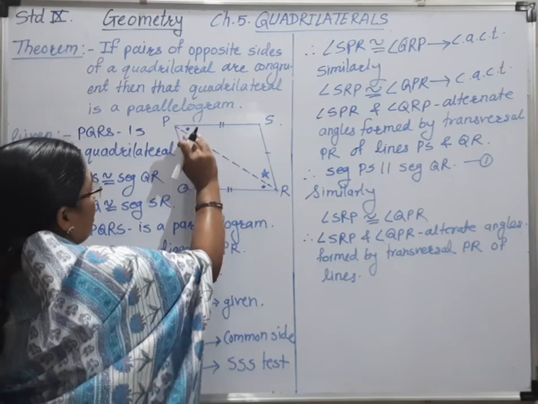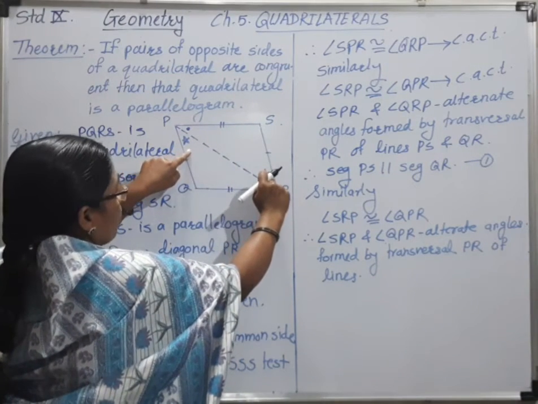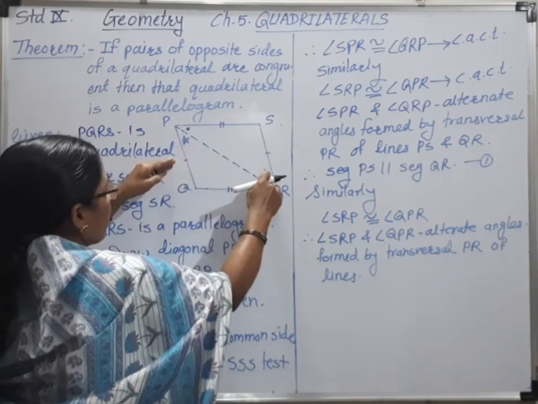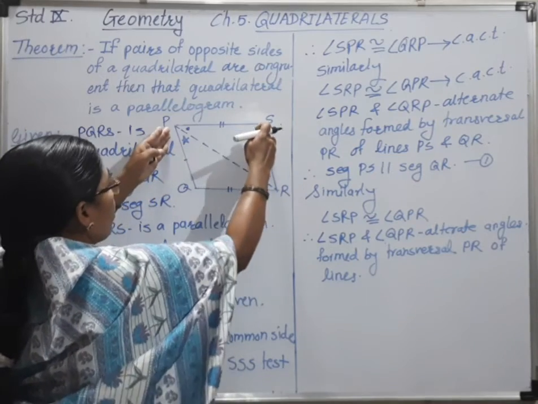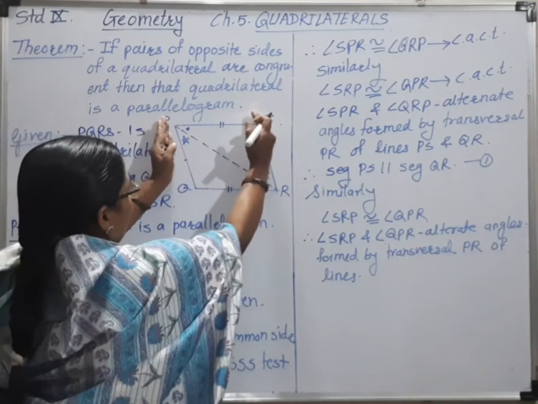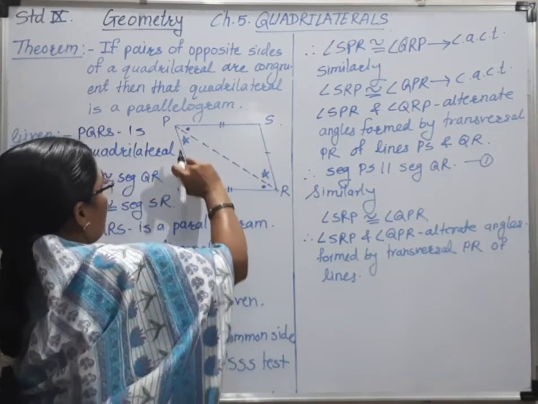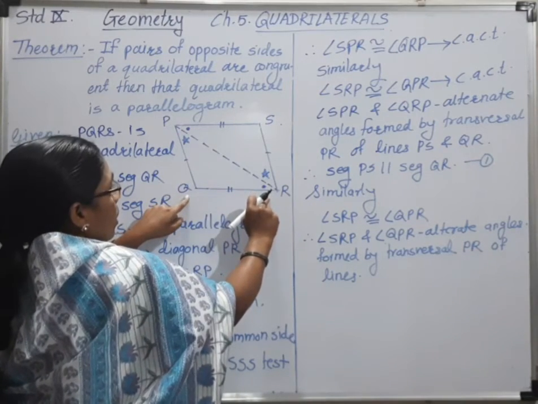Now here the two lines, now you can see here and here an angle is formed. So now these two angles are formed by this transversal which is intersecting this line. If you are taking these two lines and these angles, which are the alternate angles, which are in Z shape, that's why these two lines are parallel to each other.